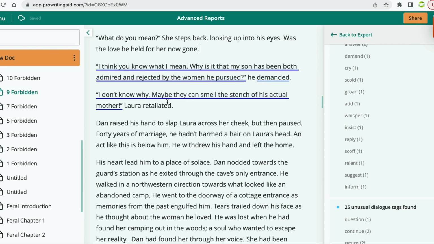Okay, retaliated. So this is probably under unusual dialogue. These are just common mistakes early authors make. We weren't professionally taught how to edit, so we were told don't overuse said, and it gets tiring.